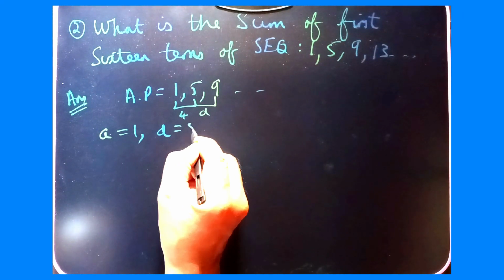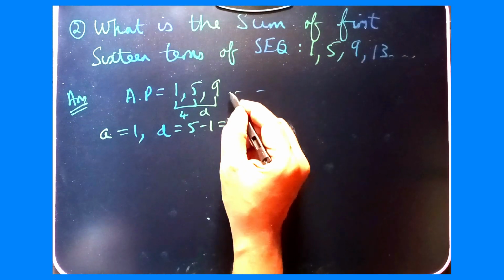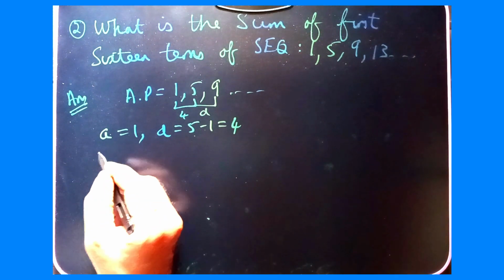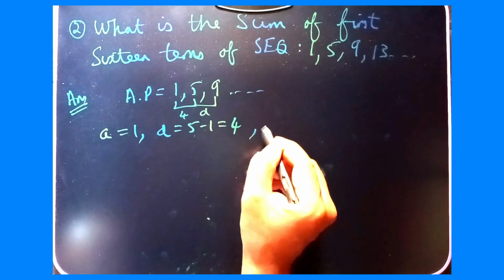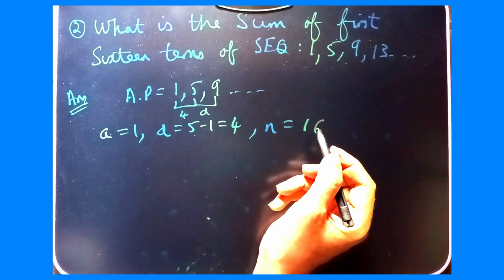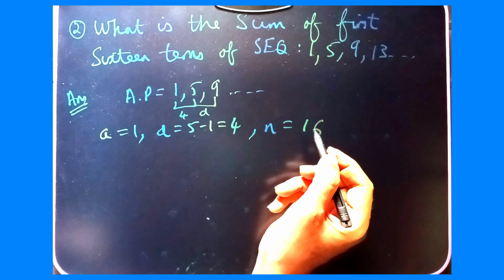The difference is 5 minus 1, which is equal to 4. This is a constant difference across the entire sequence. And they have 16 terms, so n will become equal to 16.